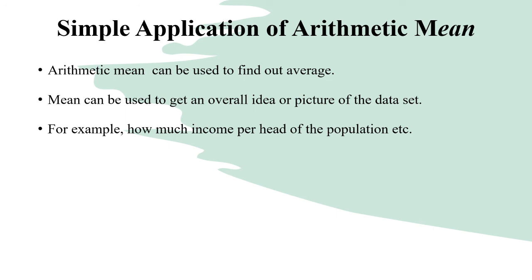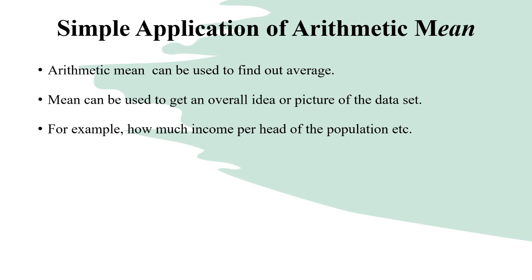Two, you will know your n, which is the number of items in the population, before getting your average. An example here is how much income per head of the population. So you can get to know the income per head of the population through the arithmetic mean.